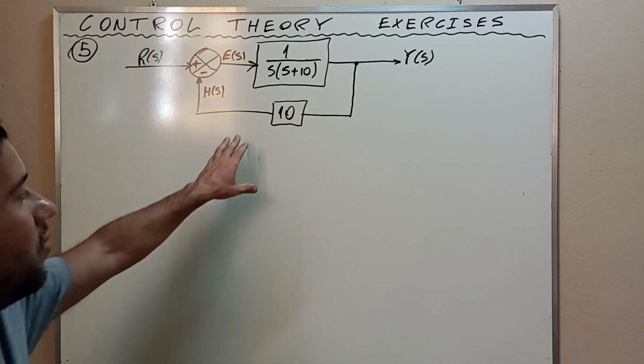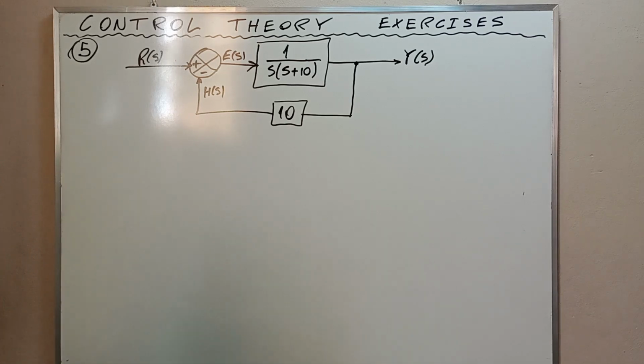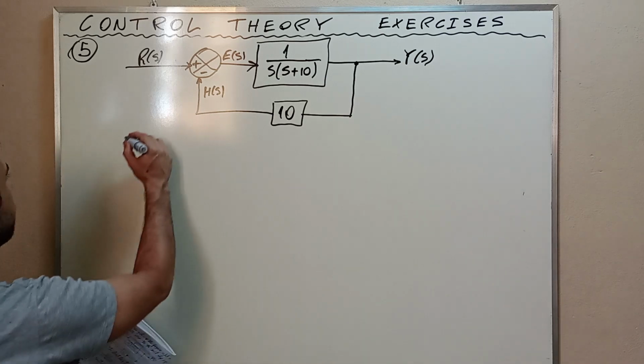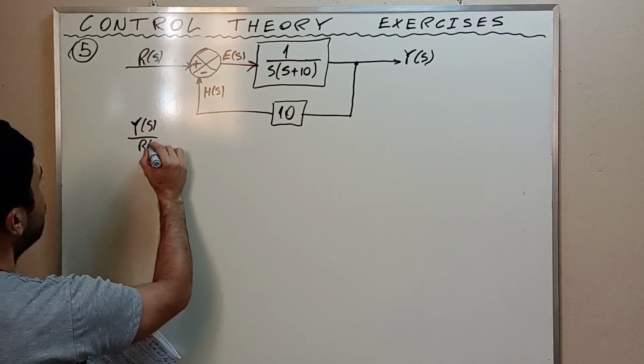The exercise gave us this block diagram and wants us to find the steady state error to the unit step input. Okay, my friends, this is what we are going to do. Let's work on the closed loop transfer function of the system. The closed loop transfer function is going to be Y(s) over R(s).